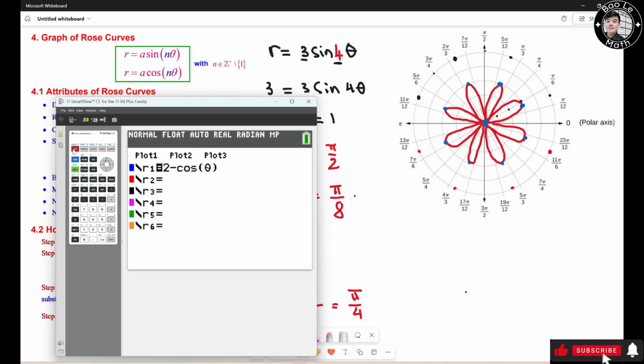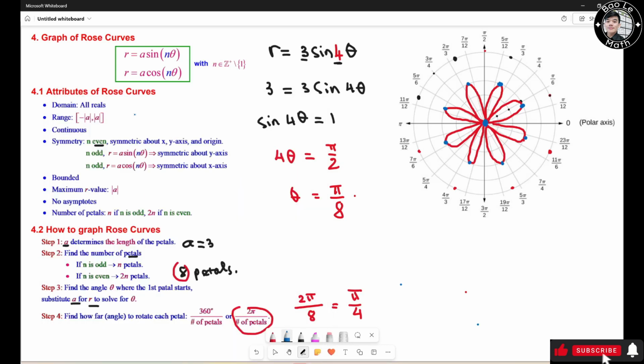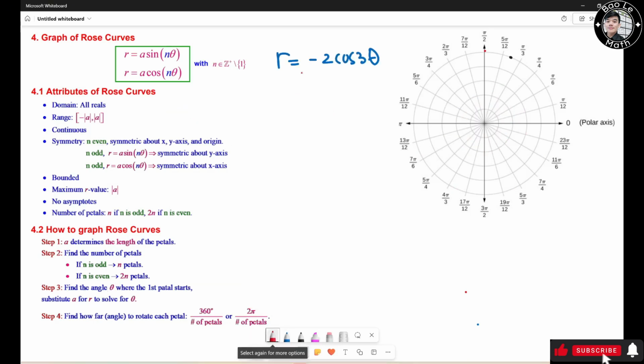So I hit y equals, I hit 3 sine 4 theta. That's it. Hit graph. It's gonna be right here. And don't forget that the range of this problem right here is -3 to 3.